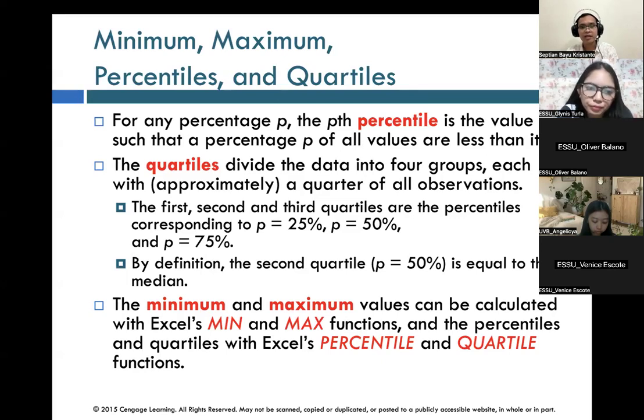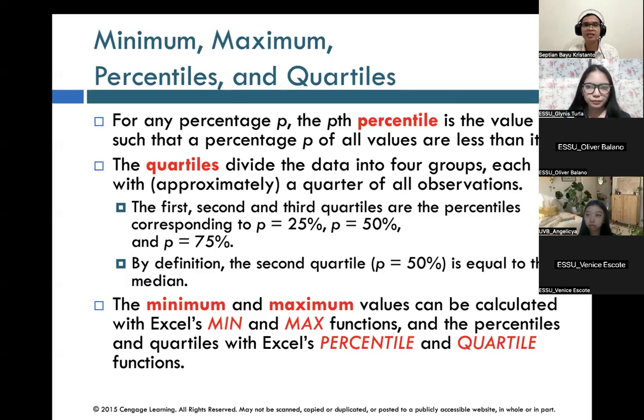If you cannot find them easily in lots of data, you can use the Excel functions MIN or MAX. If you only have 10 or 20 data points, that's very easy. But imagine you have thousands of data points. It's very difficult to find the minimum and the maximum number, so you just use the MIN or MAX function.